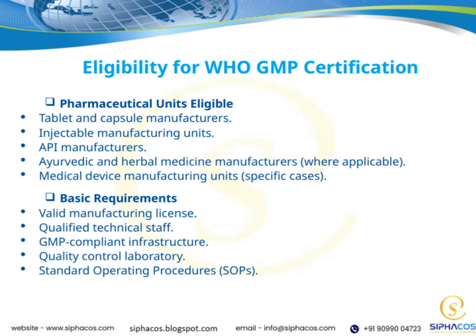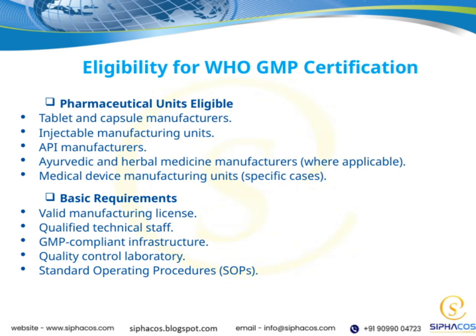Moving on to the basic requirements, there are some fundamental standards that all eligible units must meet. First, having a valid manufacturing license is crucial, as it proves your compliance with national regulations. Next, you need qualified technical staff, people with the training and expertise to ensure quality and compliance throughout the manufacturing process. Infrastructure must be GMP compliant, meaning your facilities are designed and maintained to meet good manufacturing practices.